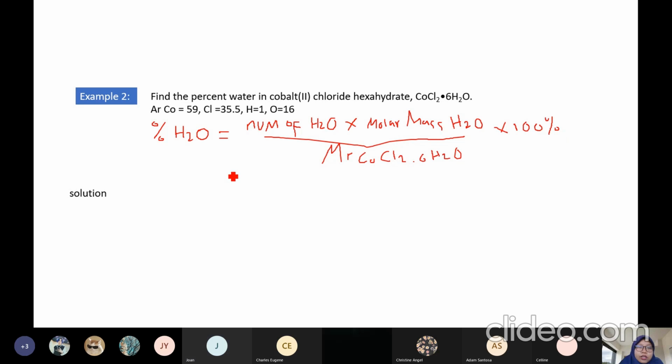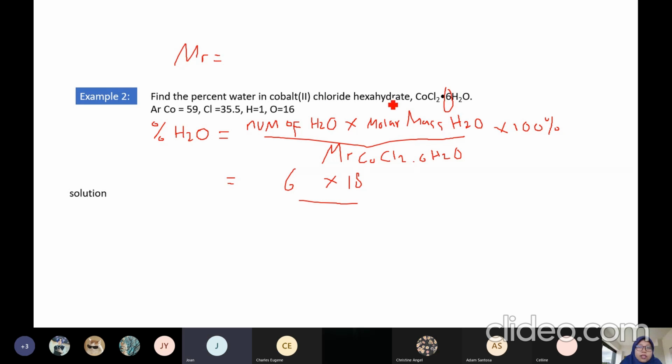So we need to know the number of H2O. How many H2O in this? 6. So 6 times 18, the molar mass of H2O, is 18. Over the Mr. Let's calculate the Mr.